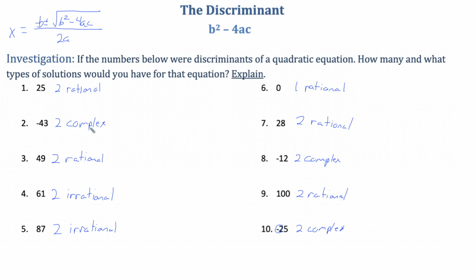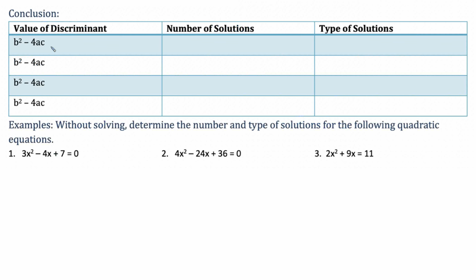So what we're going to do here is summarize this. So we have a chart here, a conclusion, and we're going to start at the lowest. So we're going to look at what if the discriminant is less than 0.